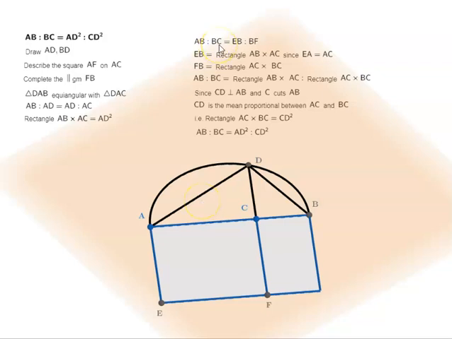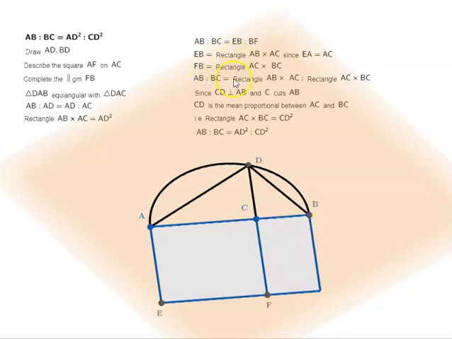AB is to BC is equal to EB is to BF. How? We have AB is to BC as the figures on them. And the figure on AB is BE, and the figure on BC is BF.